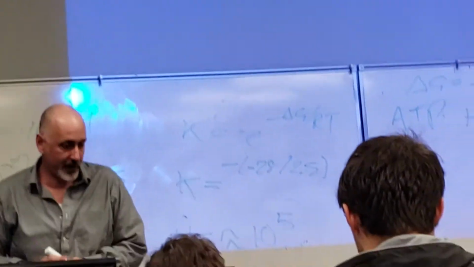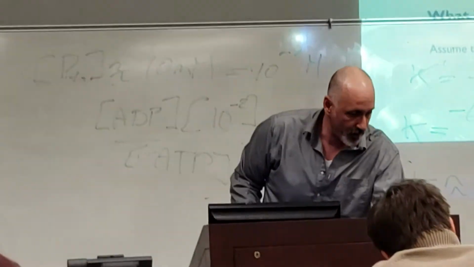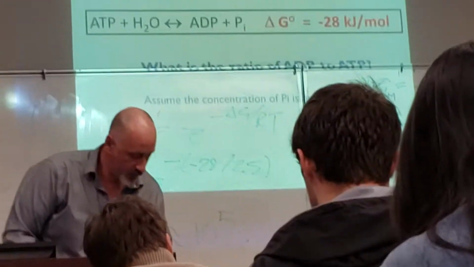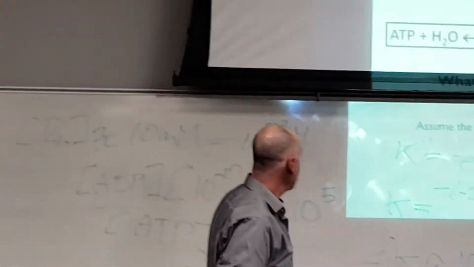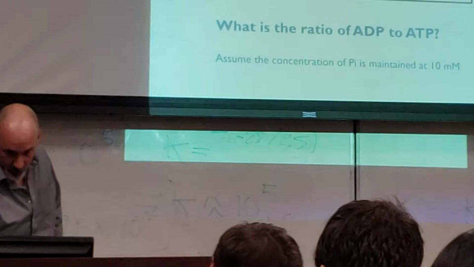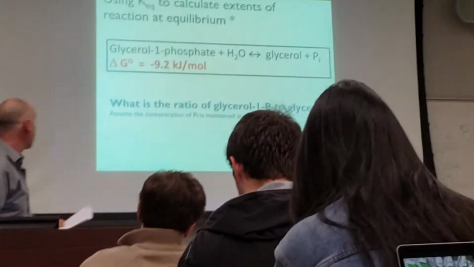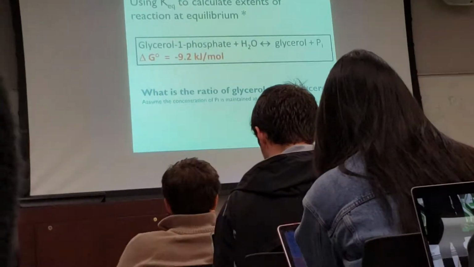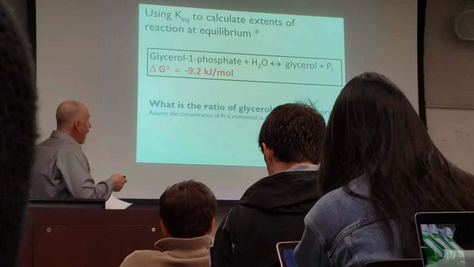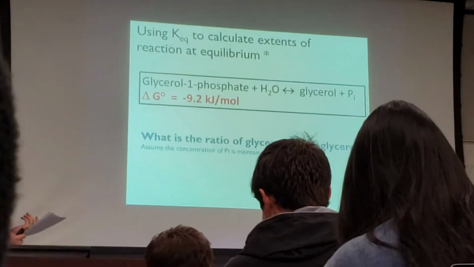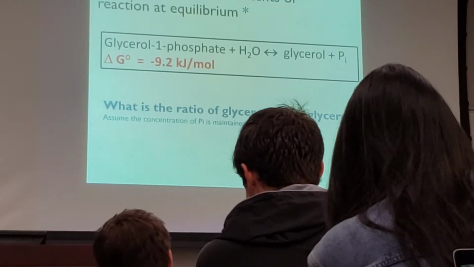I'm going to give you another example. Maybe take 5 minutes to do it, because that would be more useful than me showing you. Here is another reaction: glycerol 1-phosphate going to glycerol and inorganic phosphate. The delta G naught of that reaction is about -9.2 kilojoules.